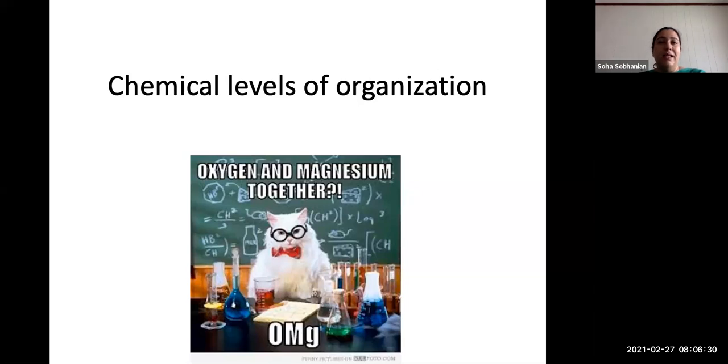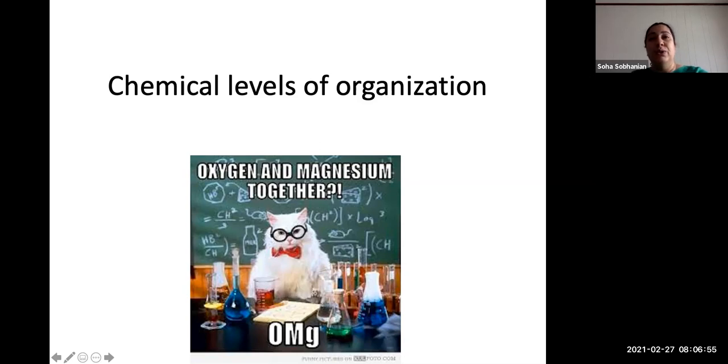Finally, all of the organ systems come together to form your organism, which in this case would be us as human beings. This is one of your Canvas posts. I don't know how many people have already answered that, but that's one of the Canvas posts you were asked to do, along with providing an example for it.